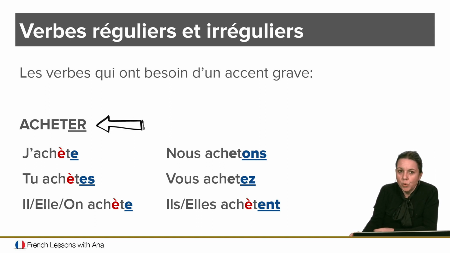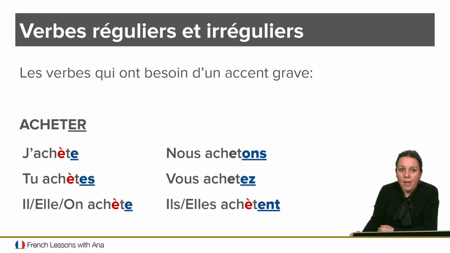So acheter, notice how this E over here is basically silent. It's an ER verb, so it belongs to the first group, and it does follow the rule for ER verbs. In other words, you need to add E, ES, E, ONS, EZ, ENT to the endings, all right? So what changes is this silent E over here, okay? And this is what it looks like.